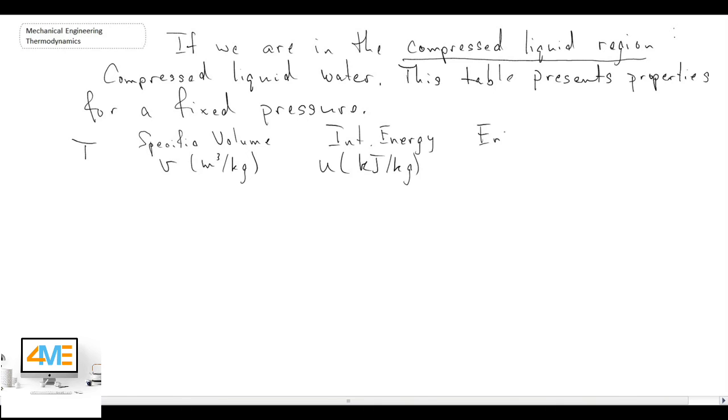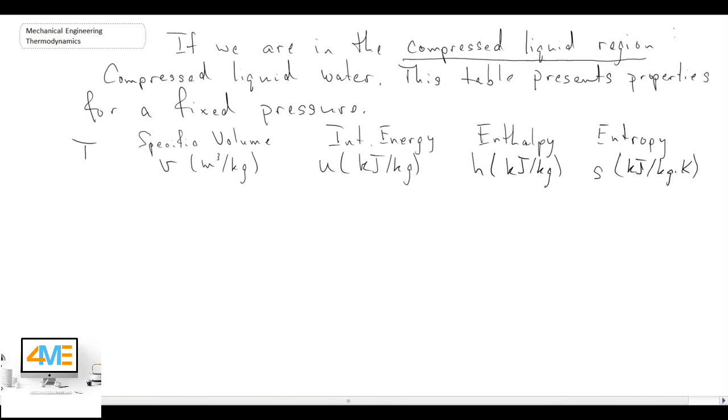Enthalpy, and that is h, kilojoules per kilogram. And finally, entropy. And that is denoted by little s, and that's kilojoules per kilogram Kelvin. So those are the properties that you'll find in the compressed liquid region tables.